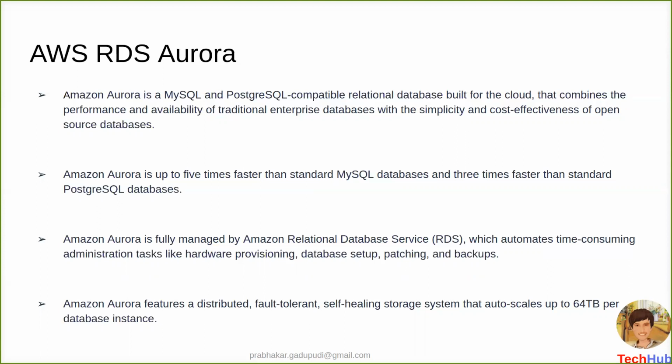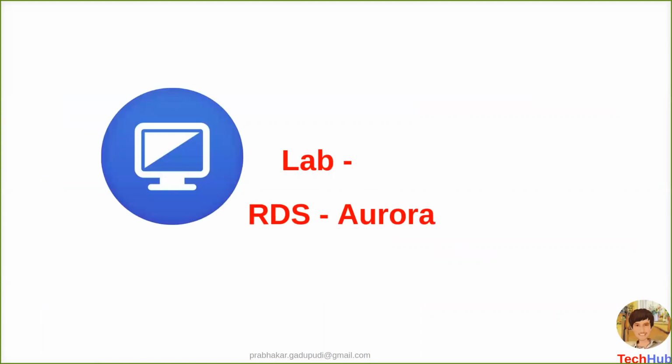Amazon Aurora features a distributed, fault-tolerant, and self-healing storage system that automatically scales up to 64 terabytes per database instance, and it delivers high performance and availability with up to 15 low latency read replicas. So let's go to the lab and check how to create and set up an RDS Aurora instance.